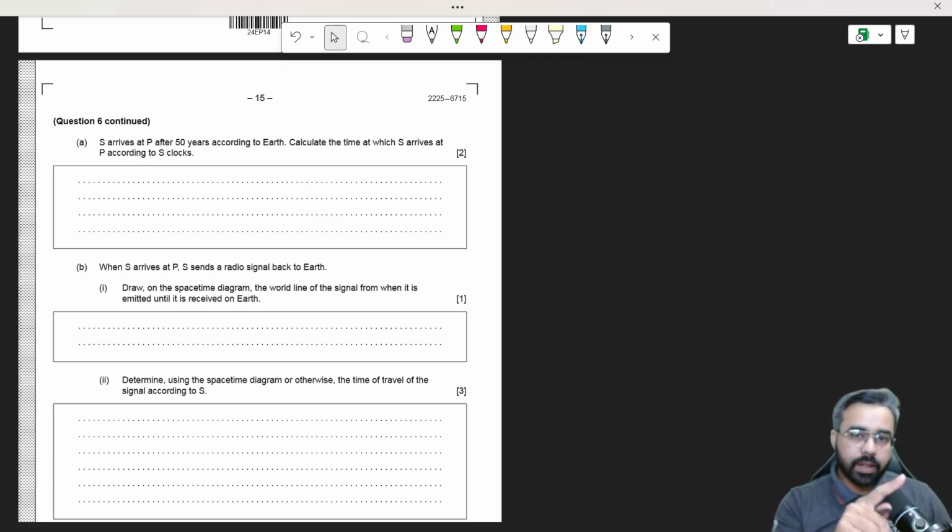So 30 light years is the position according to the Earth, and the time taken is 50 years according to the Earth. I can quickly show you this event, when the spaceship reached the planet, mapped on the space-time graph. Let me show you.